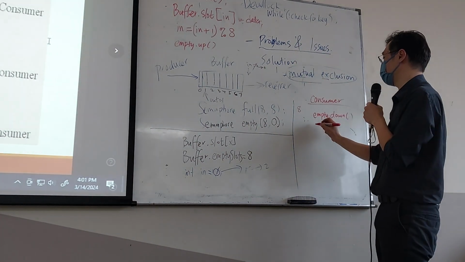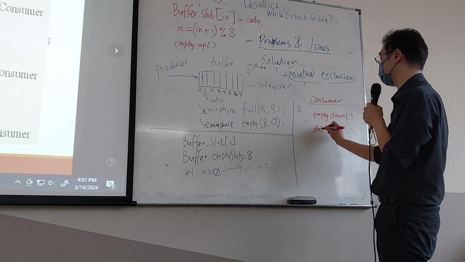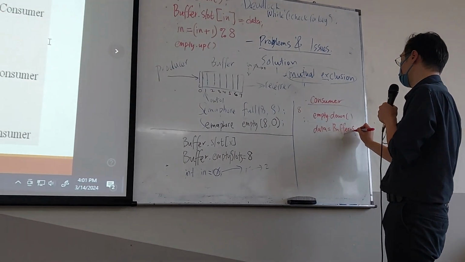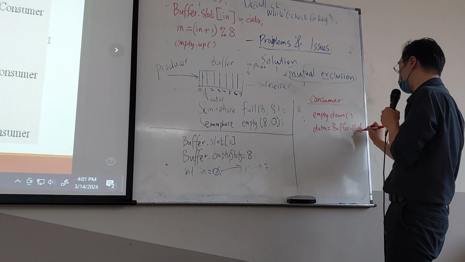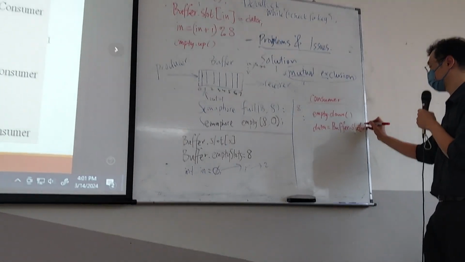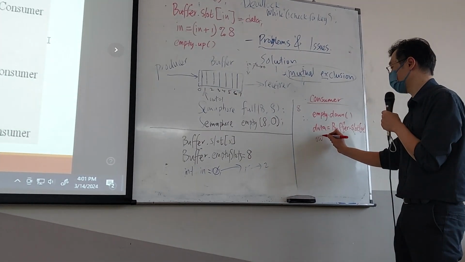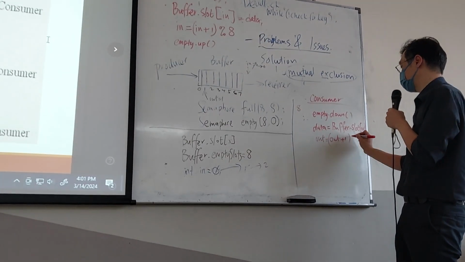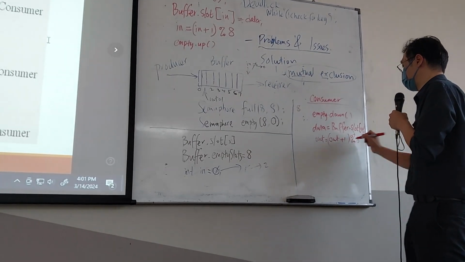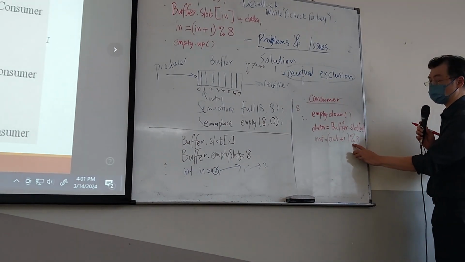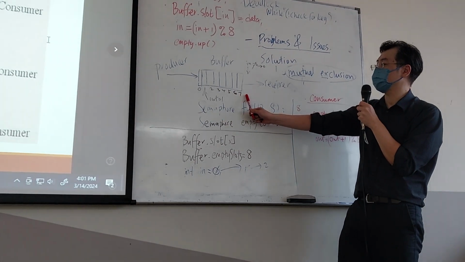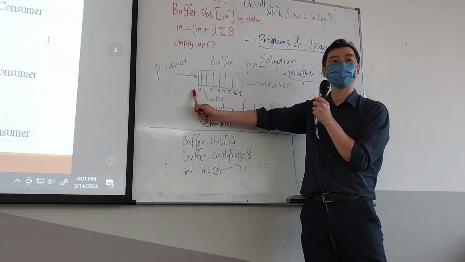Okay, so how does it work inside here? When you receive like this, this is my data that I want to receive. Buffer, slot, out. This time is out. And I also update my out using this +1 and modulus. The reason why I need to do modulus as well is because my out is also moving, and eventually when it hits 8, it has to wrap around as well.